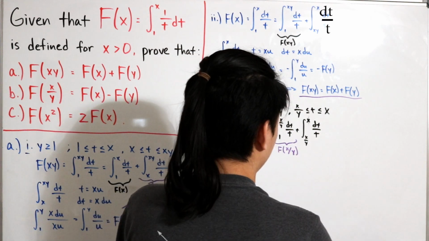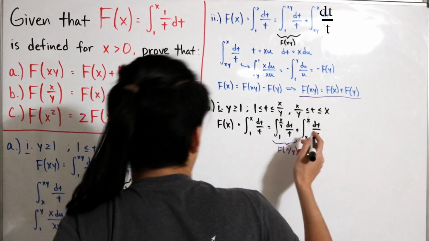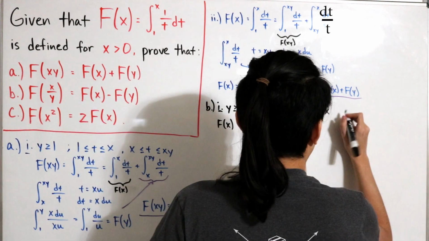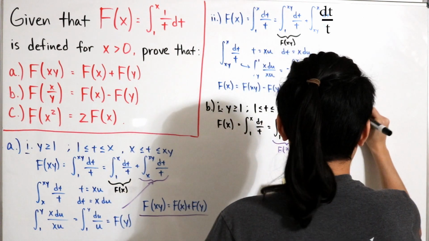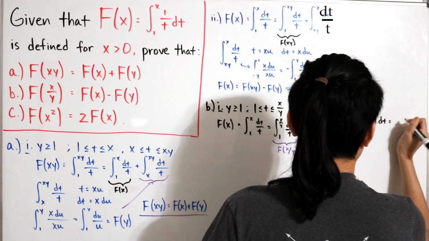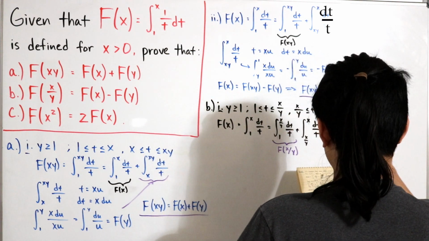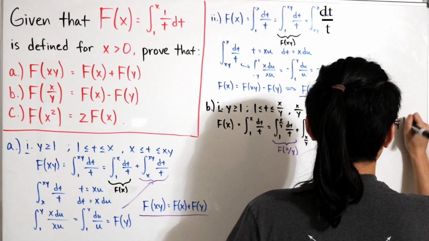So now we just have to figure out how to evaluate the right integral over here. So we do a substitution: let t equal x over y times u, then dt is equal to x over y du.